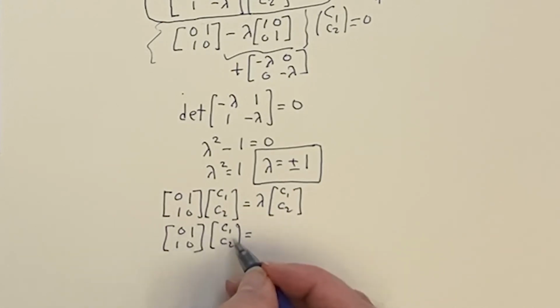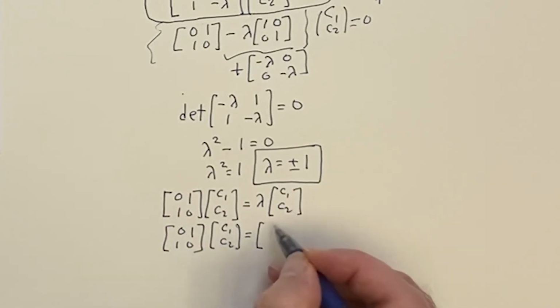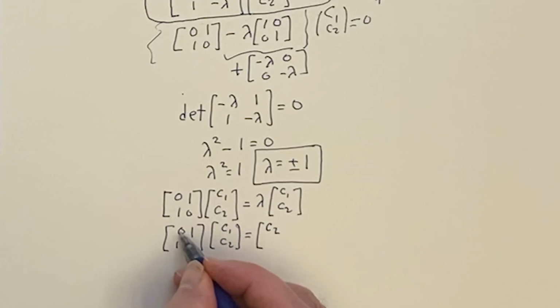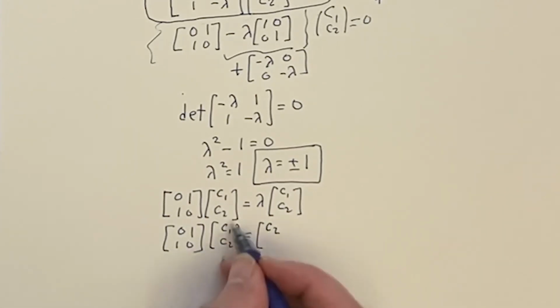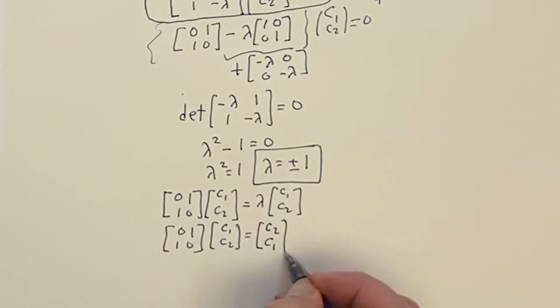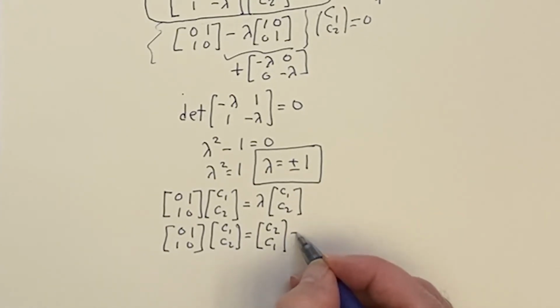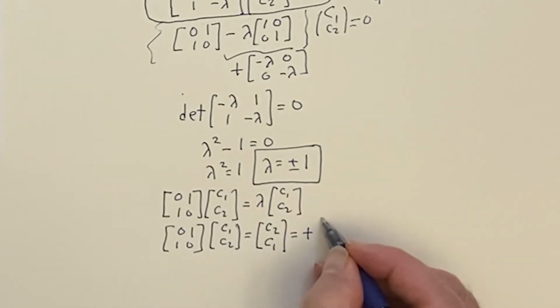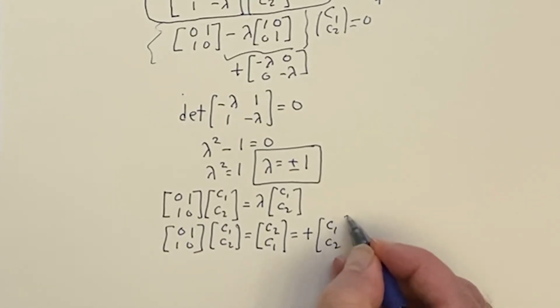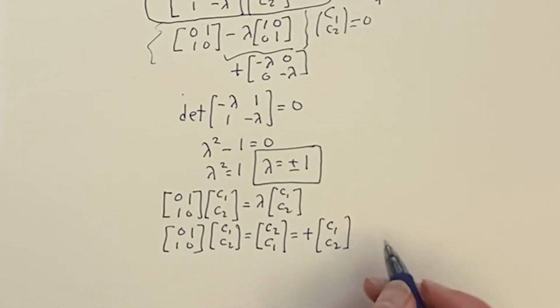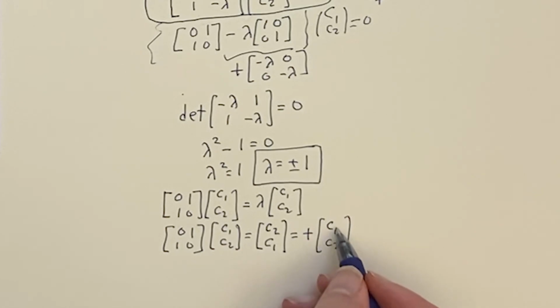If you multiply this out, the C2 pops upstairs, 0 times C1 plus 1 times C2. And then when you turn this sideways, you get the C1 downstairs. And this has to equal, for the first case, plus 1 times C1, C2. And that means that C2 should be C1 and C1 should be C2.